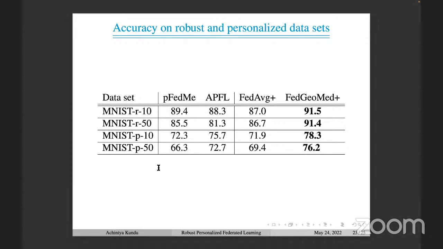In this setting, the clients now have a different data distribution, and in that case also we see that the robust method actually outperforms all other approaches, even the personalized approaches that were recently proposed. You can look at more results in our published version, and if you have any comments, I can take them now before concluding.